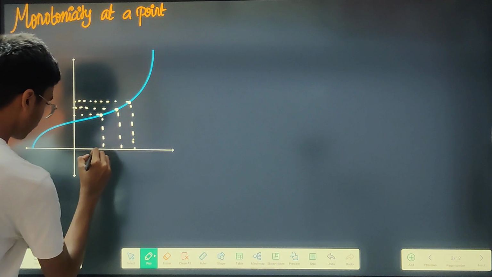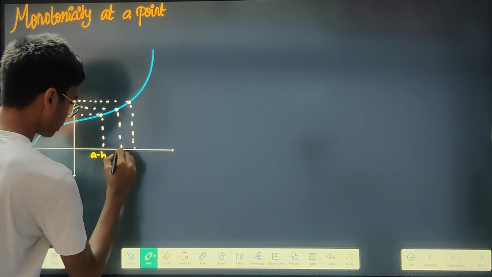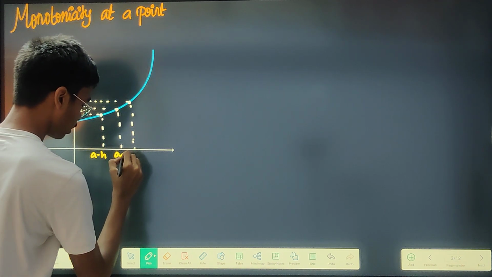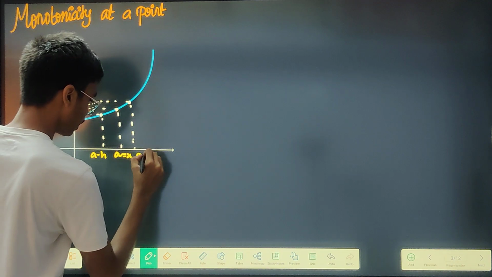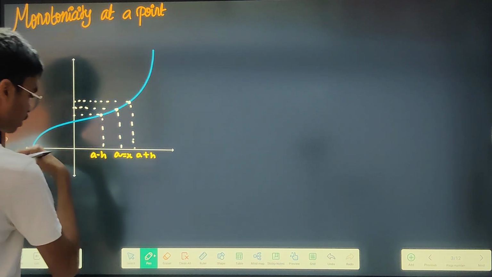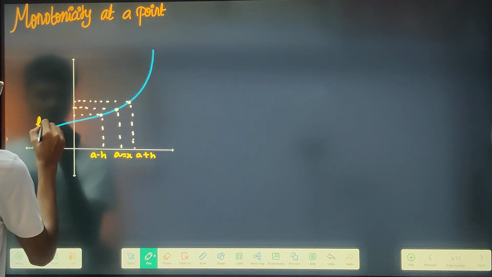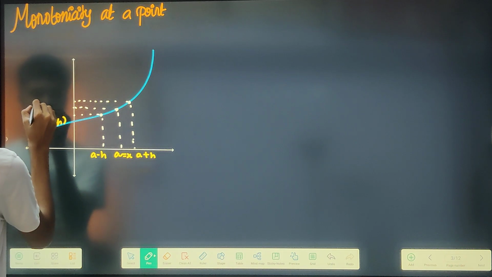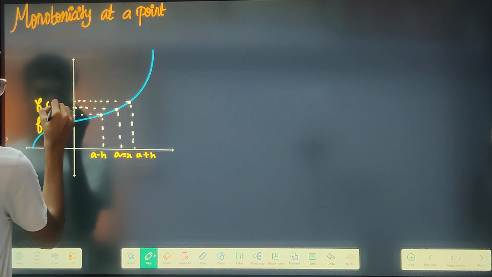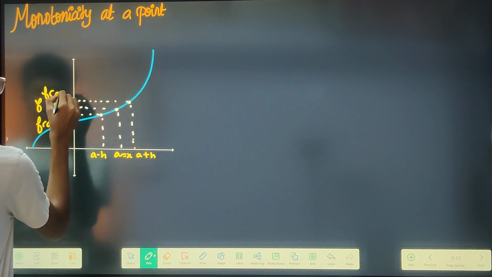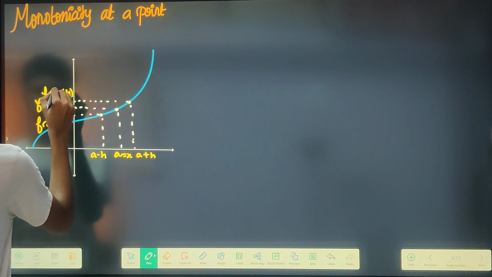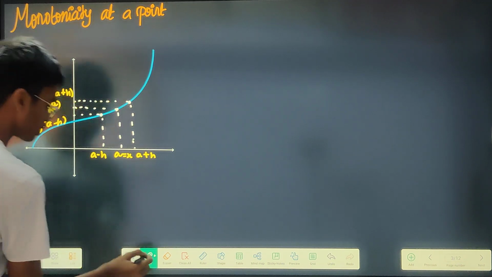So let it be a minus h, and then a plus h. Then here it will be f of a minus h, f of a, and here f of a plus h. Isn't it?